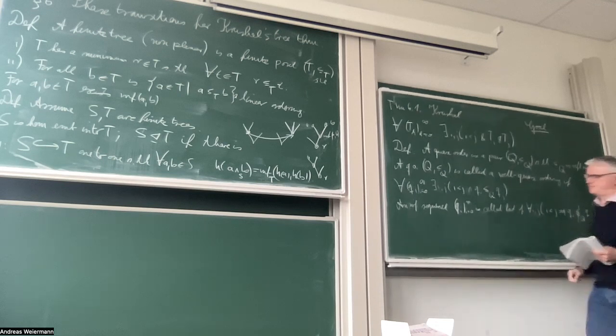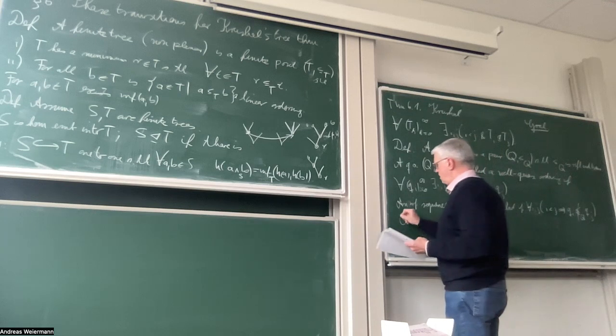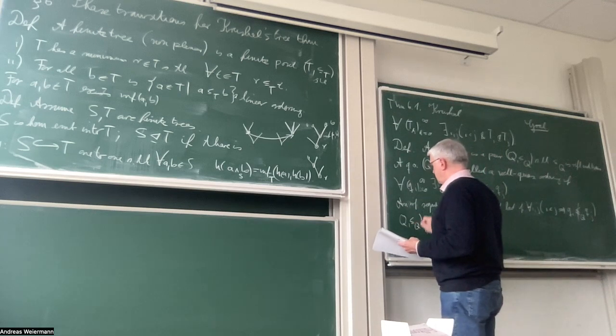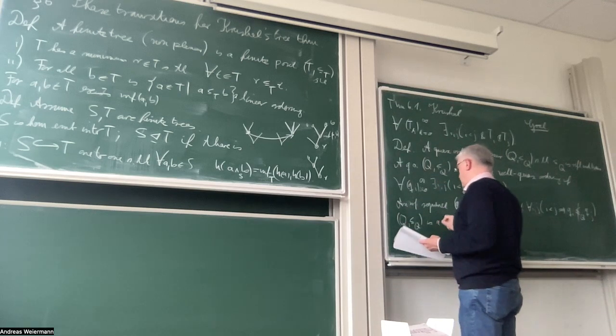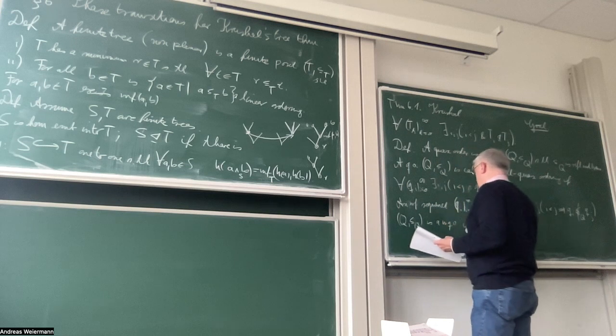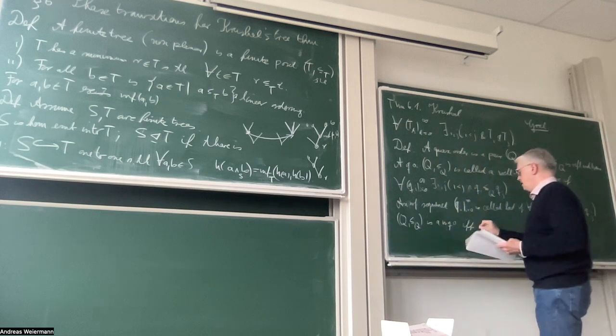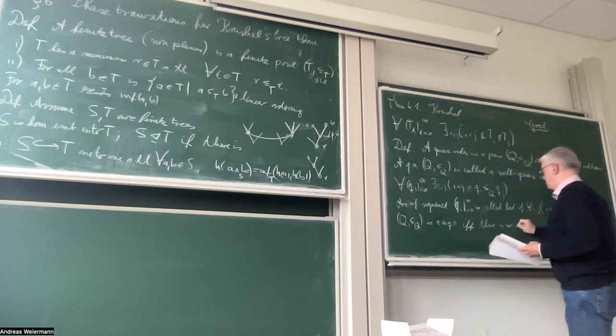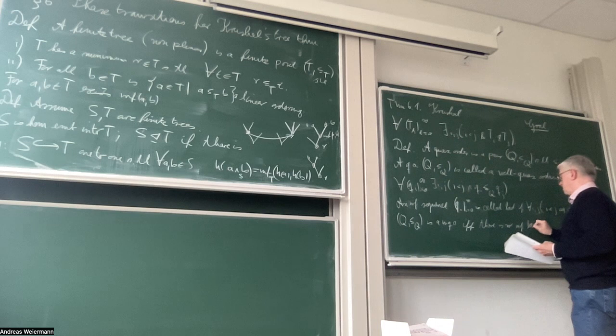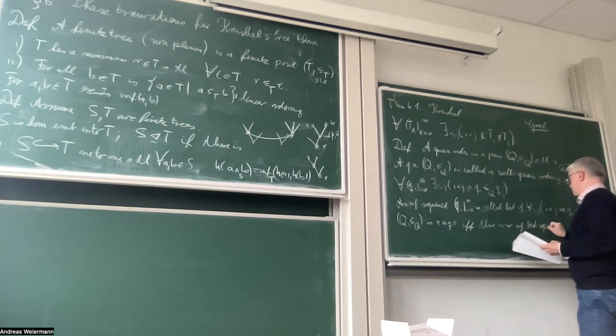So in other words, it's a well quasi order if and only if there is no infinite bad sequence. Okay.